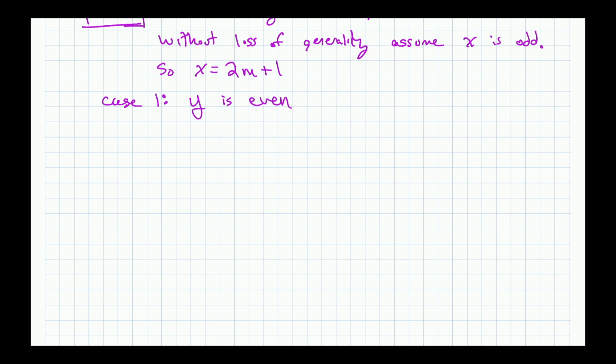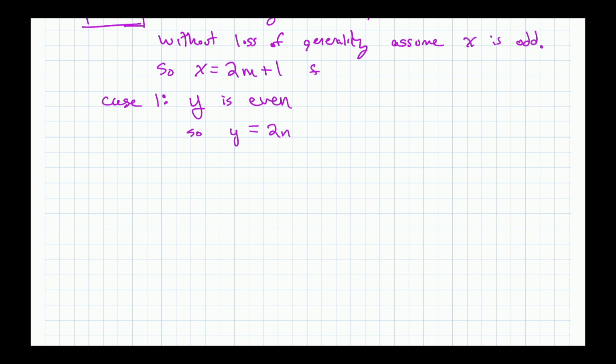Okay? So y is even. But we also know that x is odd, so we already have that. If y is even, then y could be 2n, right?